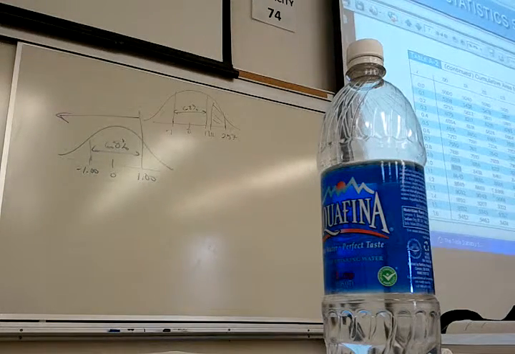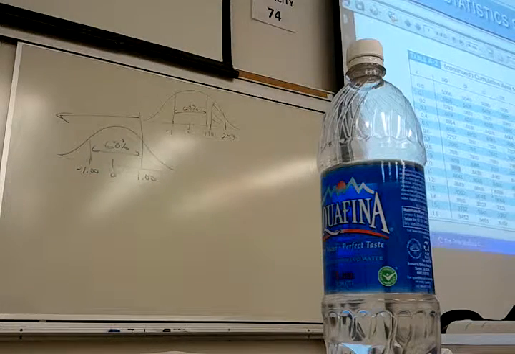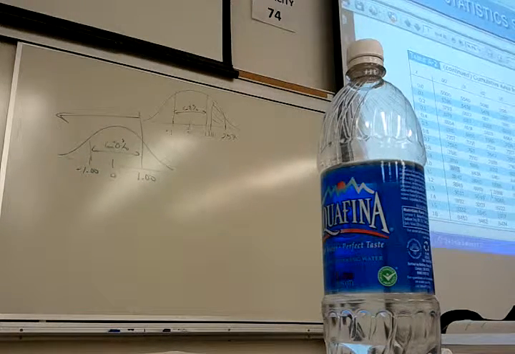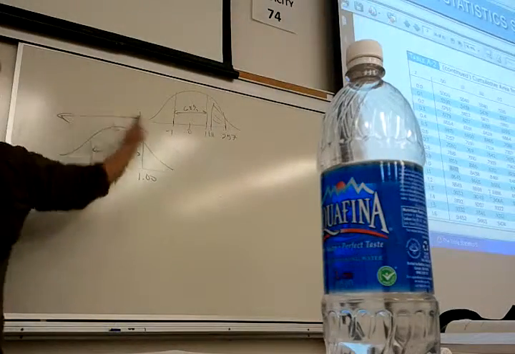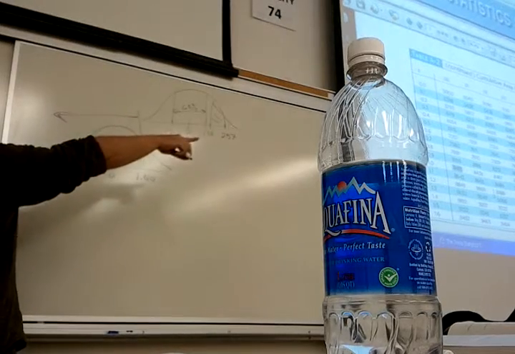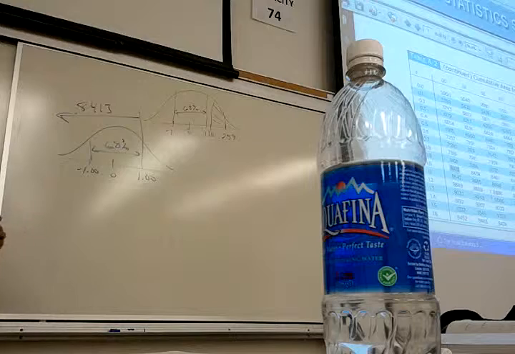That's the area below that z-score. It makes sense that all of these areas are bigger than 50% because the mean cuts it in half, and the minute I get above the mean, I've got more than half below me. So by the time I get up to one step, the area is 0.8413. Do you guys see how to read that?